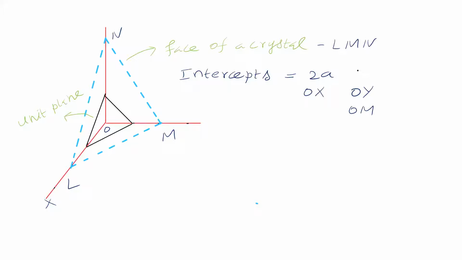The intercept is 2b with respect to the unit plane. Now we take OZ, that is ON. For ON the intercept is 3c. So for the given face of a crystal, the intercepts are 2a, 2b, 3c.